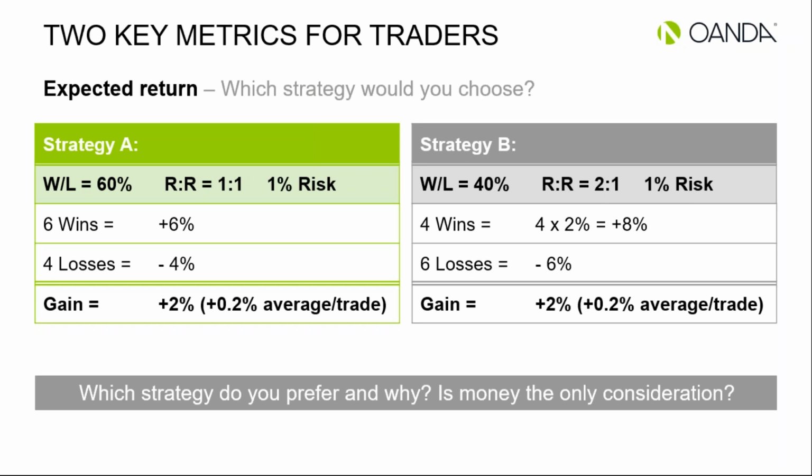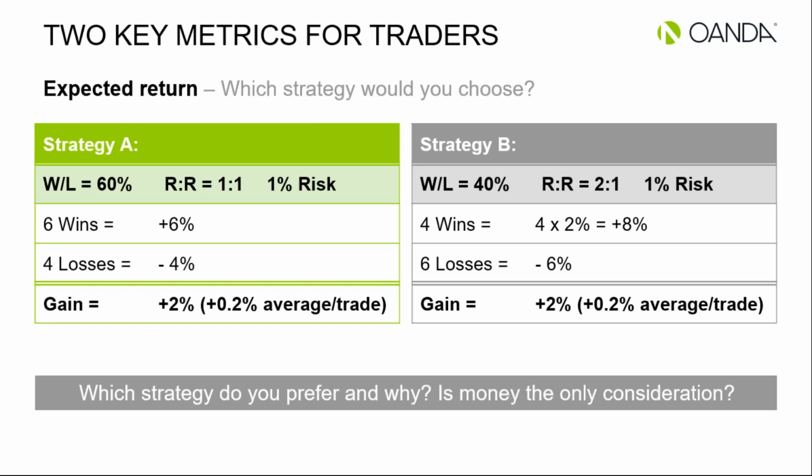So 4 wins where we gain 2% gives us an overall profit of 8%. Conversely, on the losing trades, because the risk reward is 2-to-1, we're losing 1% every time we incur a loss. So across 6 losing trades, that equates to a loss of 6%.